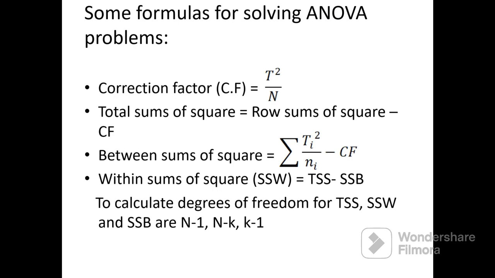These will be calculated and put in an ANOVA table that will be seen in the next slide. All this calculation is done to fill the ANOVA table, so that only then can we finally calculate our F test statistic, that is the variance ratio.